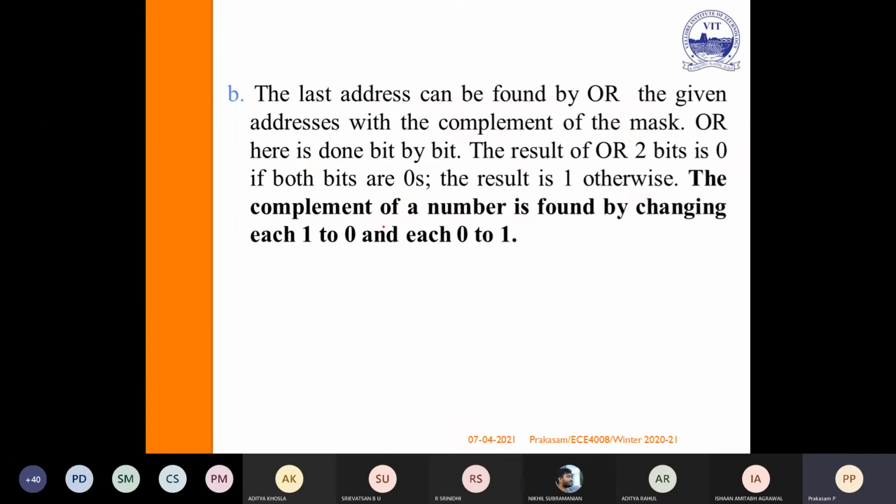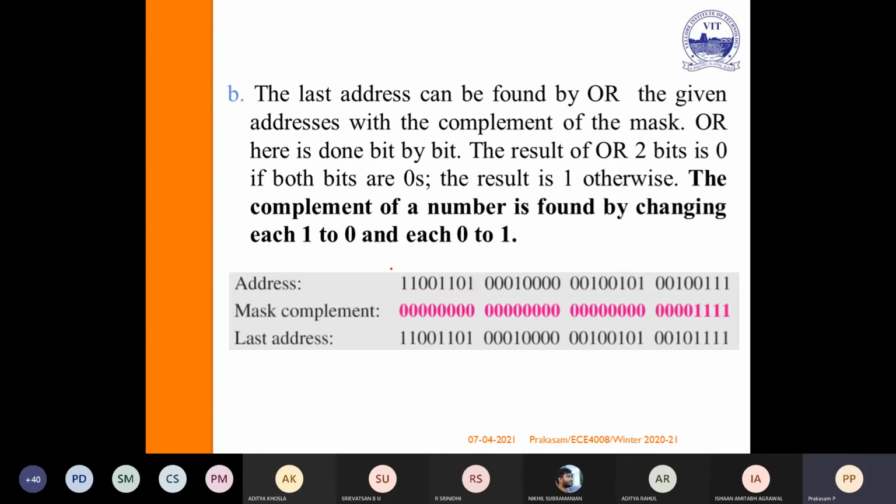Similarly, the last IP address is found using the same masking procedure, by doing an OR operation. Complement the mask bits, then go for the OR operation.